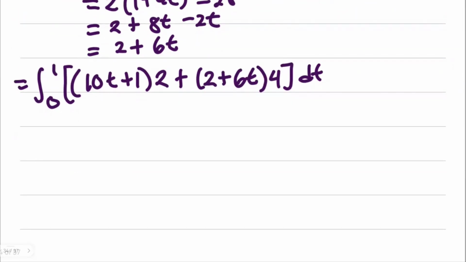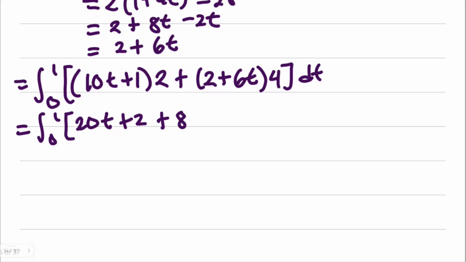Now, let's do this step by step. So multiplying the terms inside, you will have 20t plus 2 plus 8 plus 24t, dt.